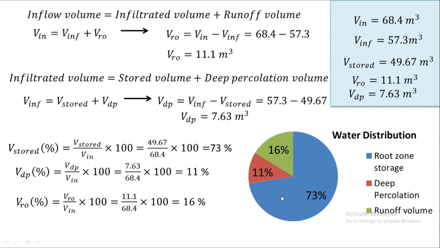The stored volume was 73% and losses were equal to 27%, out of which 11% loss was in the form of deep percolation, and the rest was in the form of runoff.